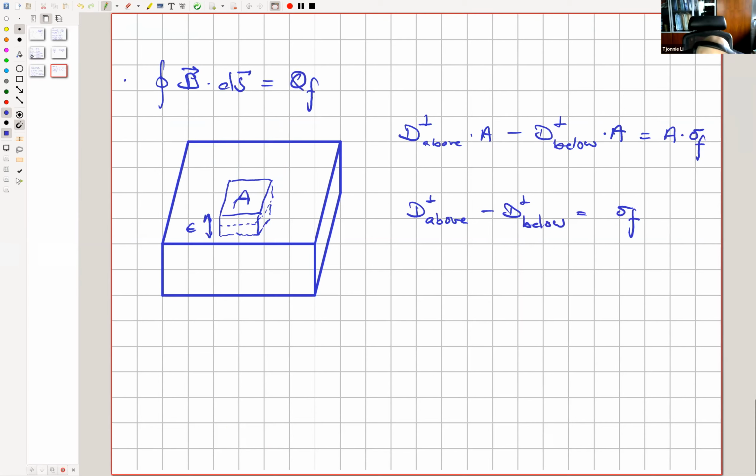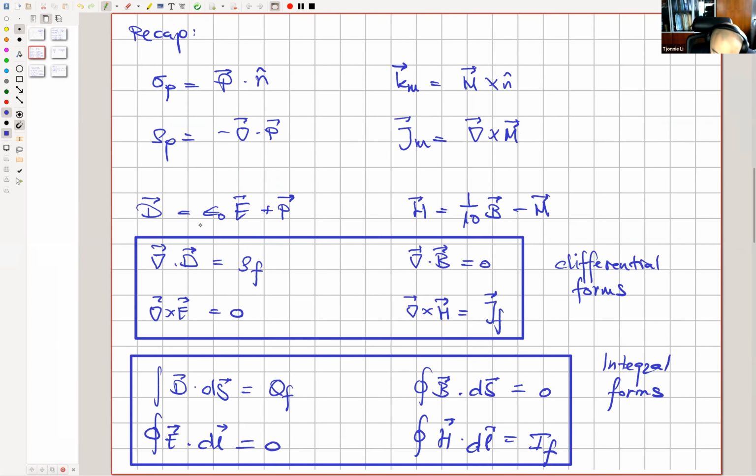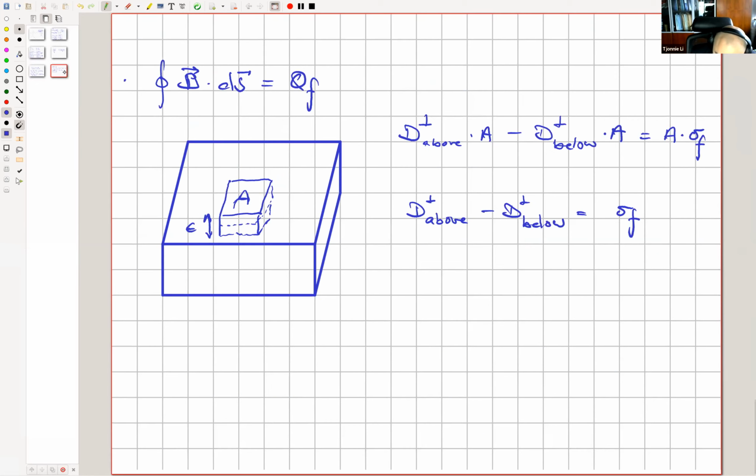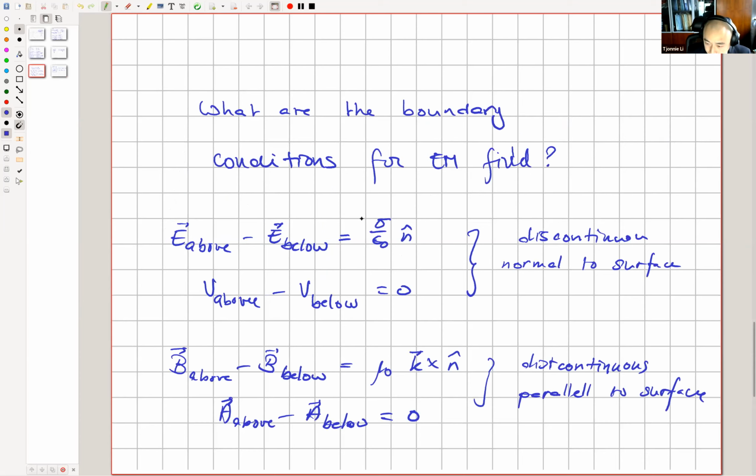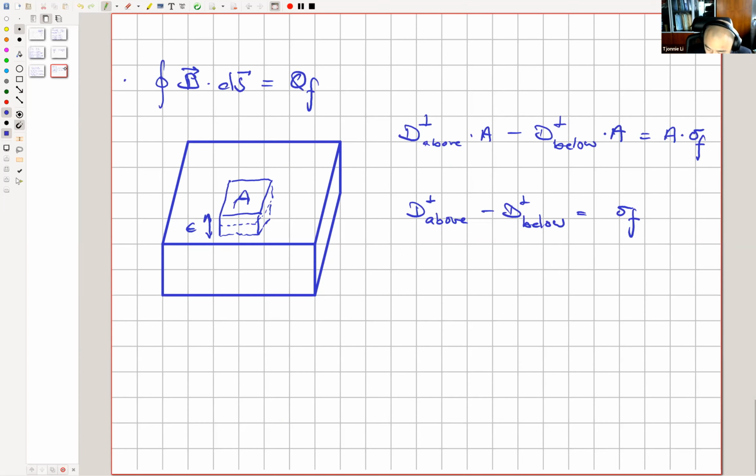So in this case, if P equals 0, D is just epsilon naught E. So if I write epsilon naught E here, I recover the same condition as I've written down here.